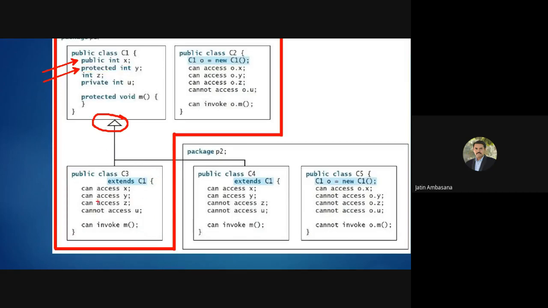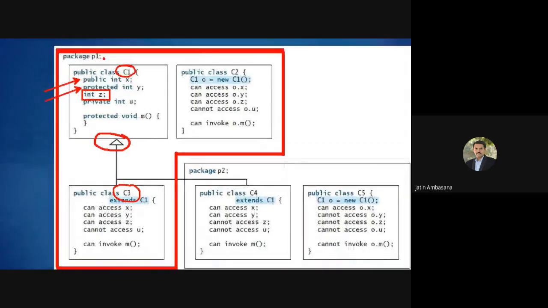That is possible. It can also access Z because C1 and C3 are in the same package P1. So it can access X, which has public scope, Y, which has protected scope, and Z, which has default scope.